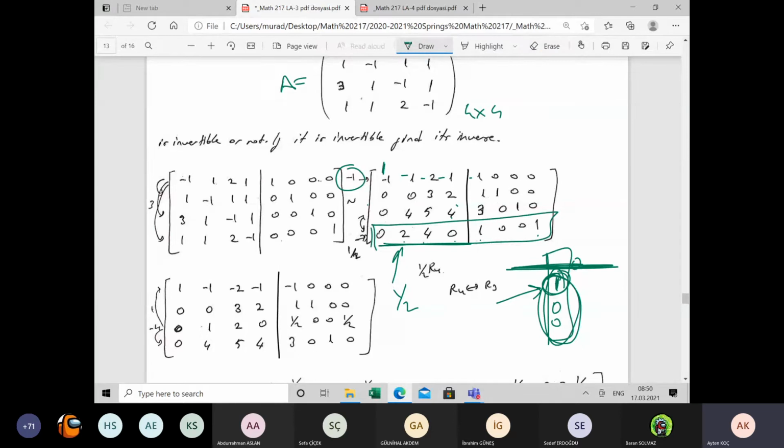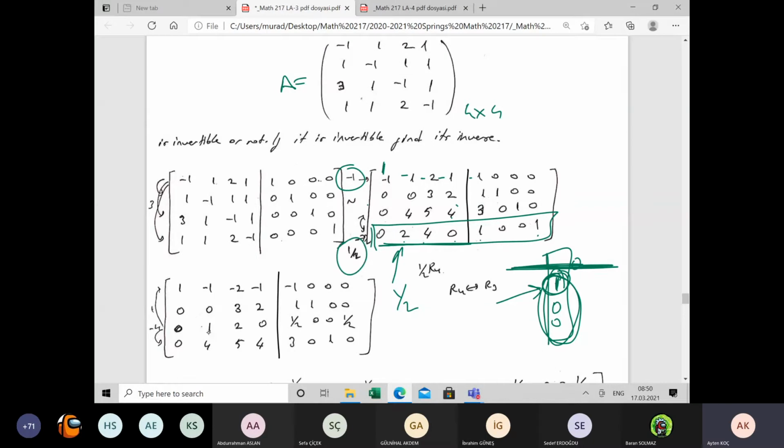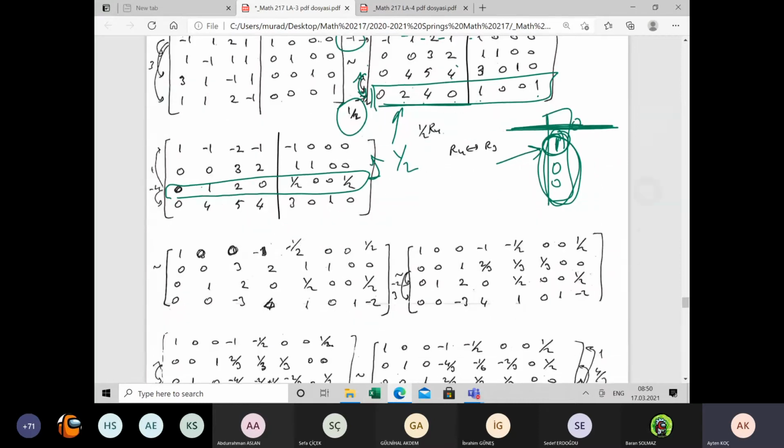We interchange the rows, and then multiply 1 over 2, and we got 0 1, and this one. Interchange this one and this one. I think it will be better to change this one and this one, but here do not change.